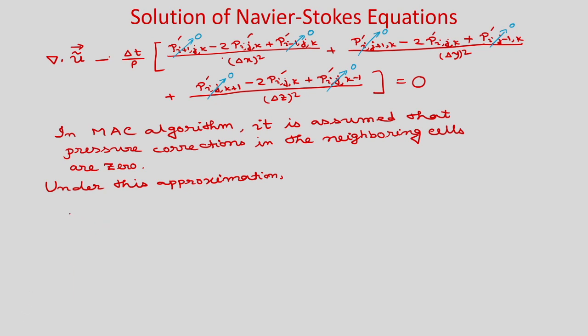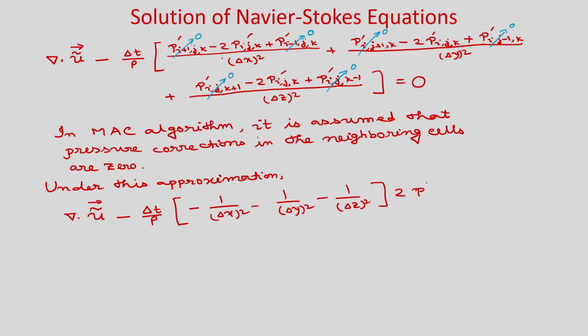So, divergence of u tilde minus delta t by rho, and you will get minus 1 by delta x square minus 1 by delta y square minus 1 by delta z square, and we have taken outside 2 p prime i j k.